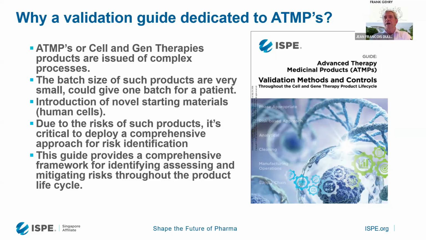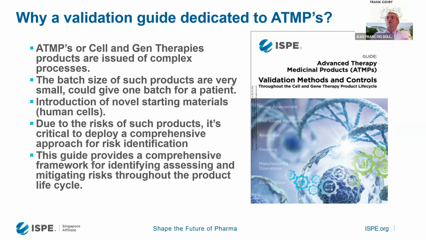We can have one batch for one patient, or one batch for a few hundred, and this introduces a high complexity to the product. We also have the introduction of novel starting materials, for instance, human cells.